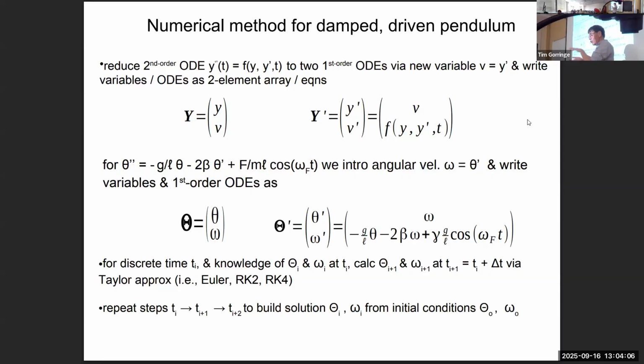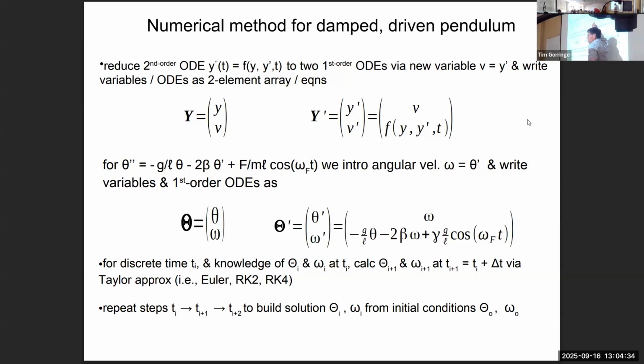We write down two differential equations: one for the original variable y, saying what y prime equals, and a second for the new variable v, saying what v prime equals. The one for y prime is just the definition of v. This is just how we define the new variable.